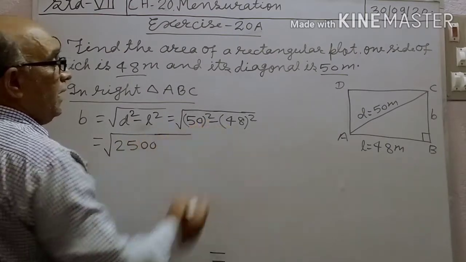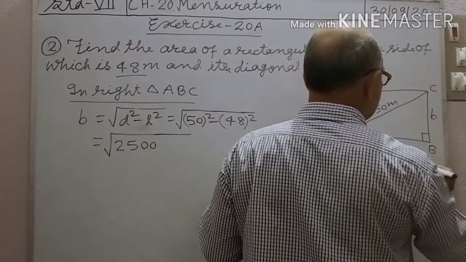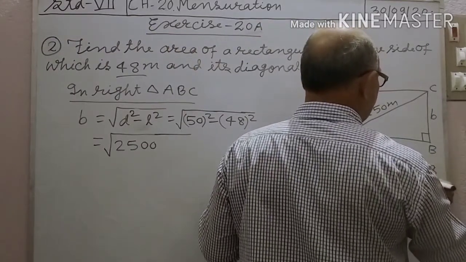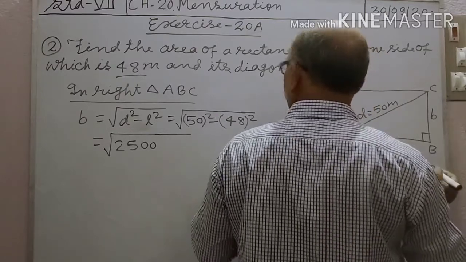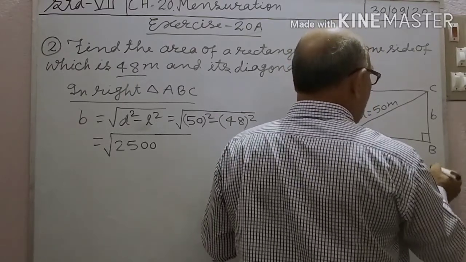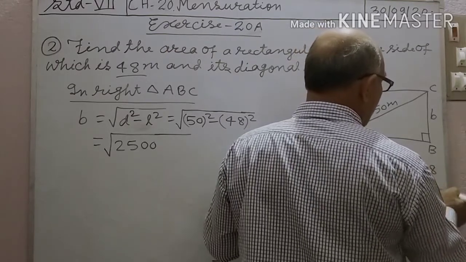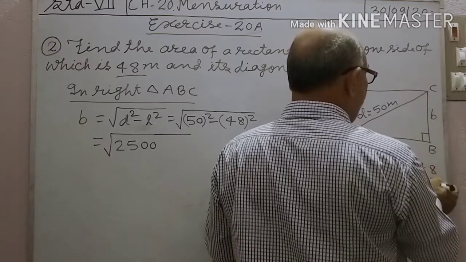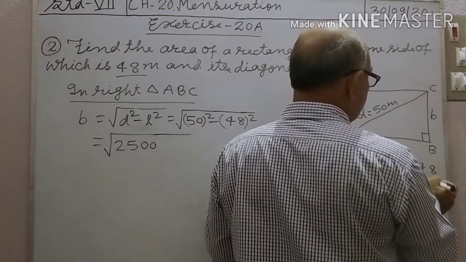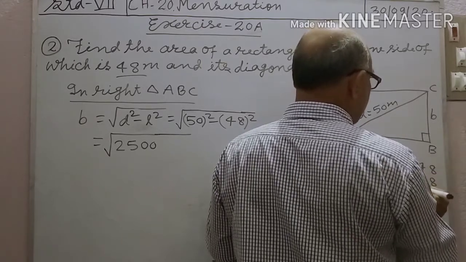Multiply 48 into 48. 8 8s are 64, write 4, carry 6. 4 8s are 32, plus 6, 38.